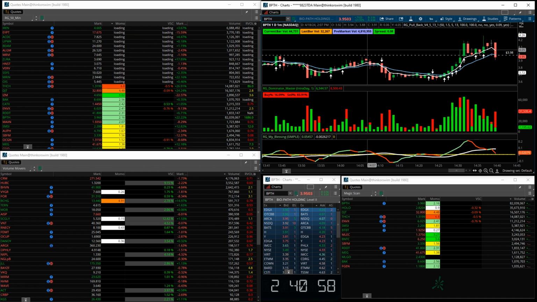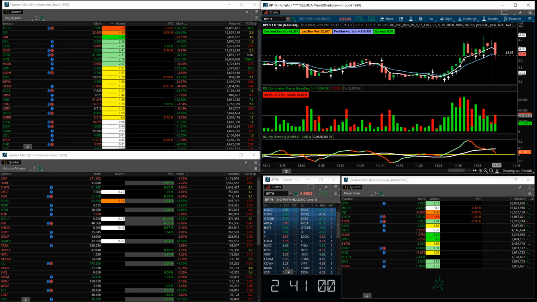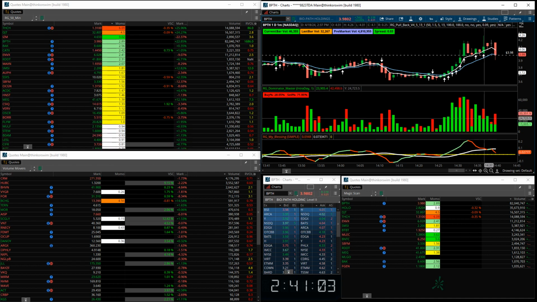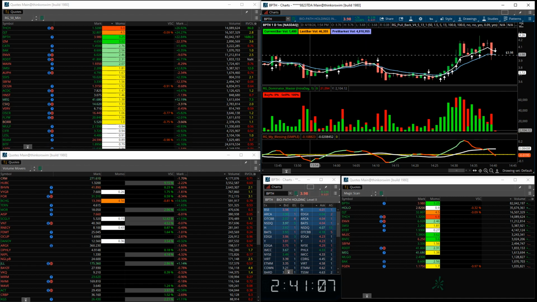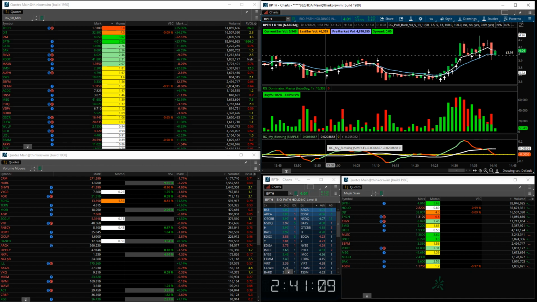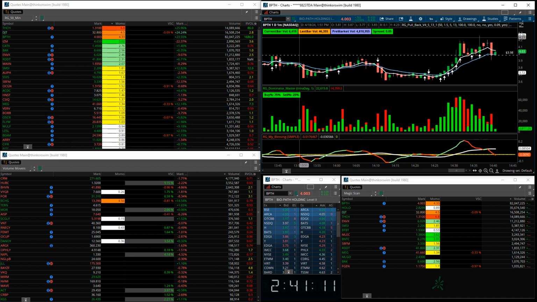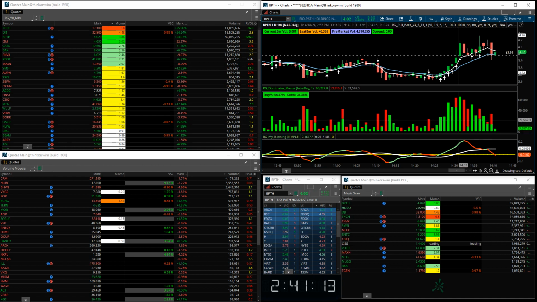This is total volume. This is doing calculations based on the last 20 candles only. That's why the volume number is not accurate. It doesn't match this one up here because we're only looking 20 bars back.